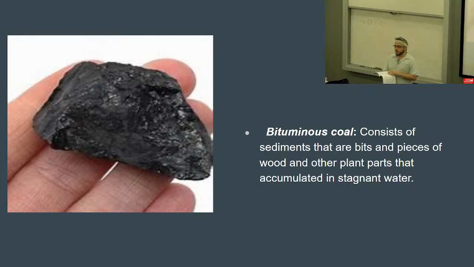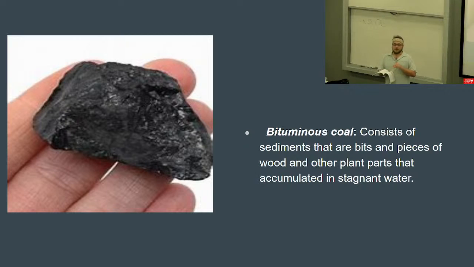And if you remember from Lab 3, we talked about the definition of a rock. To paraphrase, a rock is a combination of minerals that occur inorganically. So bituminous coal is a contradiction to that. It is formed from sediments and bits and pieces of wood that have accumulated in stagnant water.